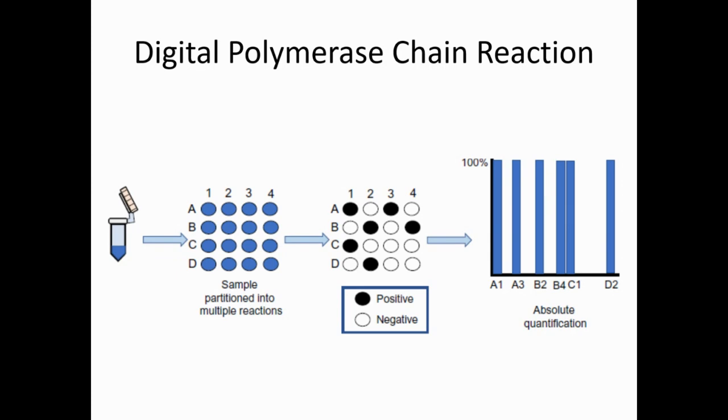Digital PCR can overcome this difficulty by transforming the exponential data from conventional PCR to a digital signal, so that it simplifies and just indicates whether or not amplification occurs. So it will only give you positive, negative, 1, 0, that's it.